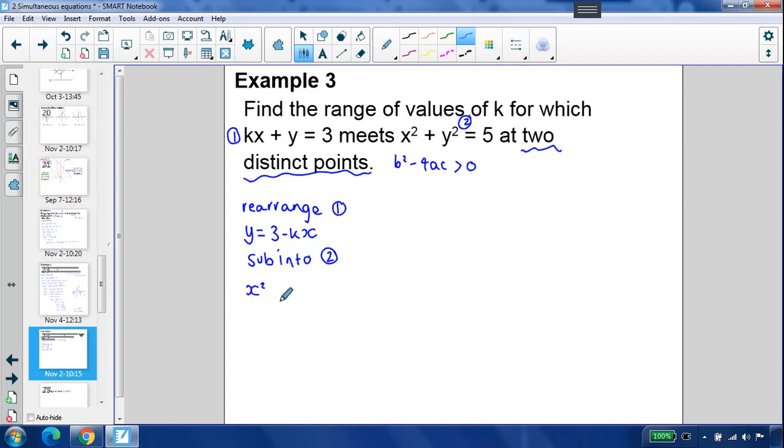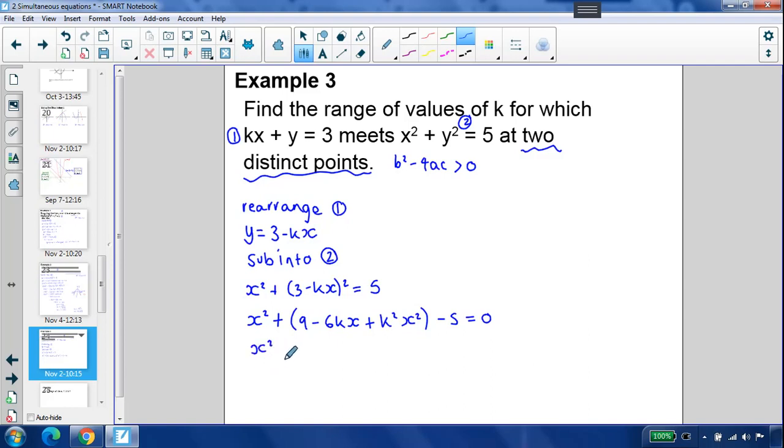So x squared plus (3 minus kx) squared is equal to 5. Let's expand this bracket. So I'll have 9 minus, it'll be 3kx and minus 3kx, and I'll have 2 lots of it, so 6kx, and then plus k squared x squared. And let's minus the 5.